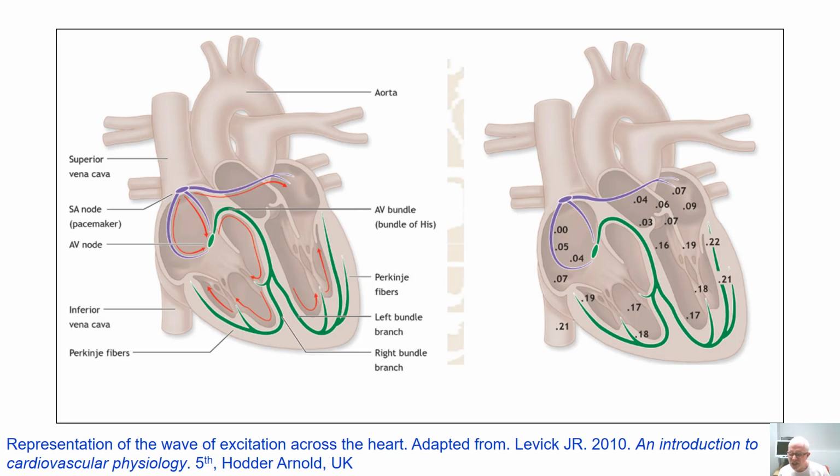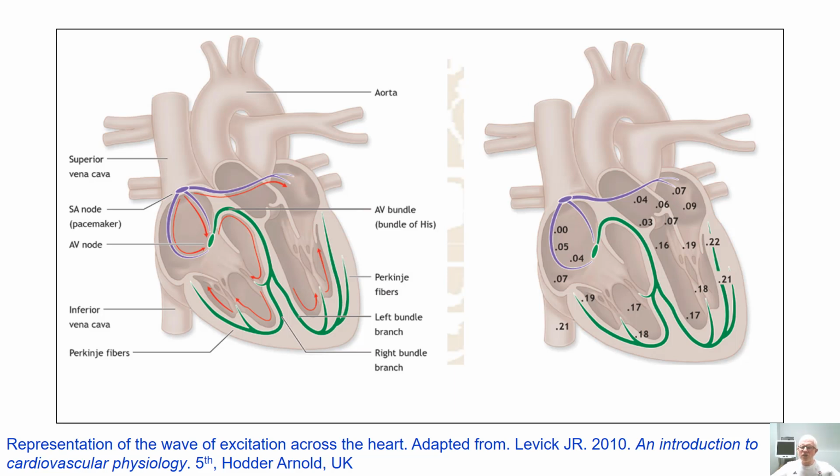And again, you can see that at time frame 0.17, we're still innervating the AV bundle, the bundle of His. But you can also see that the Purkinje fibers are now starting to be innervated as well, towards the lower axis of the heart.